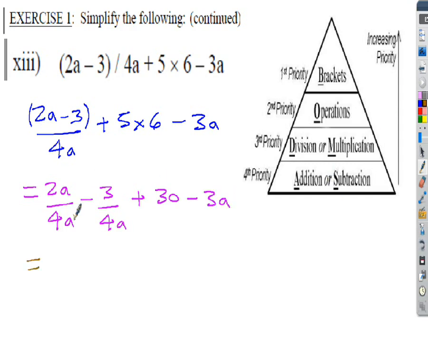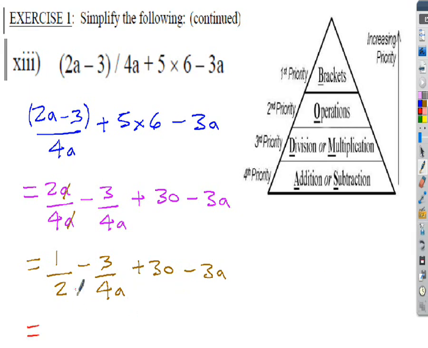I can now see that the a cancels top and bottom of the first term, and 2 upon 4 is the same as 1 upon 2. Dividing top and bottom of the fraction by 2, I get a half. That's minus the 3 upon 4a, added to the 30, and subtracting 3a. The only like terms I have are the half and the positive 30.